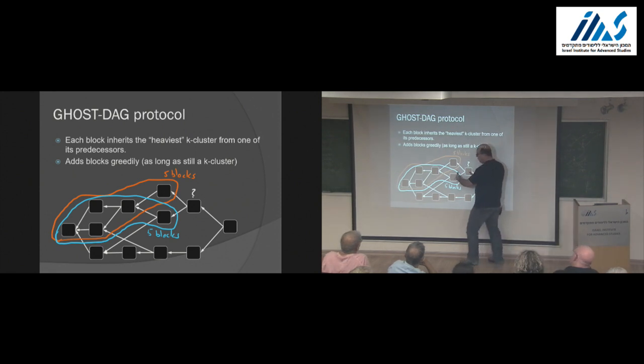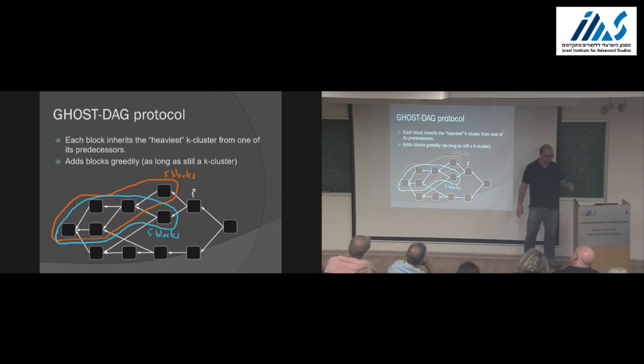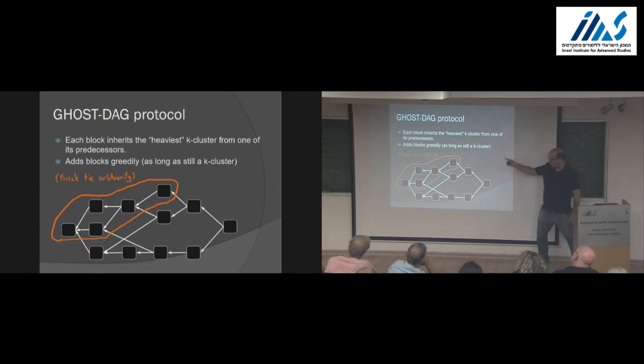My predecessors each have a K cluster, in some sense, this one or this one. And I inherit one of my predecessors' K clusters. So I pick the largest K cluster as the thing I inherit. These are tied, so I break the tie somehow arbitrarily. It doesn't really matter, they're of the same size. Maybe I pick this one to extend.